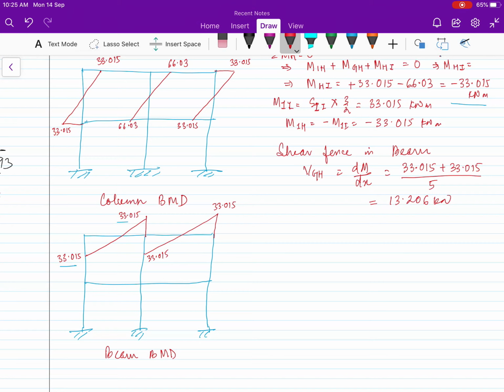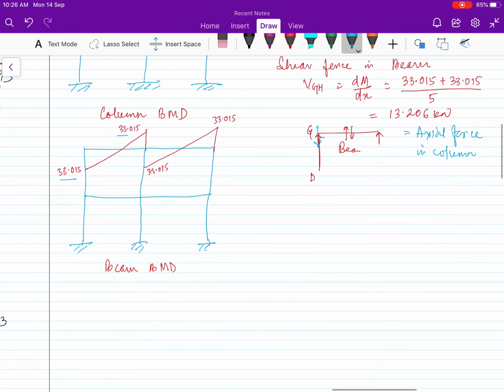So this is your shear force in the beam. If this is the beam and the column is there, at G, this is D, this shear will act as an axial force to this column. So this is equal to the axial force in the column. Okay.